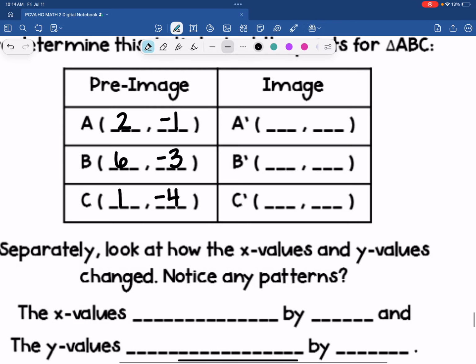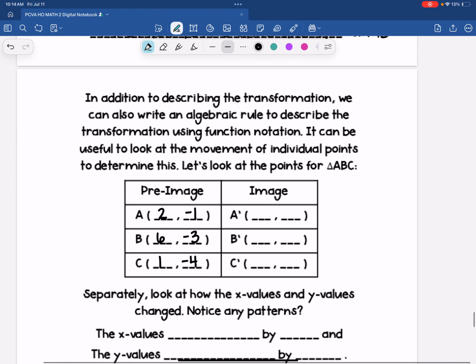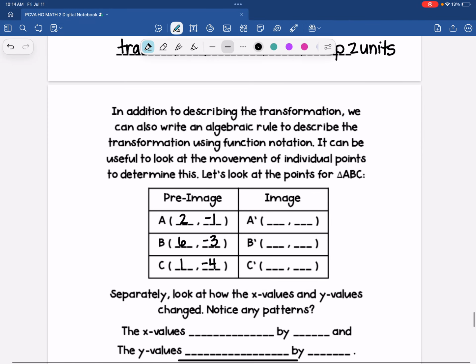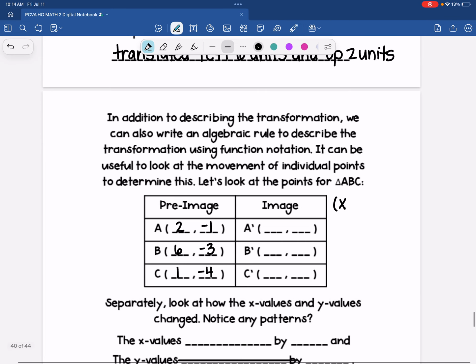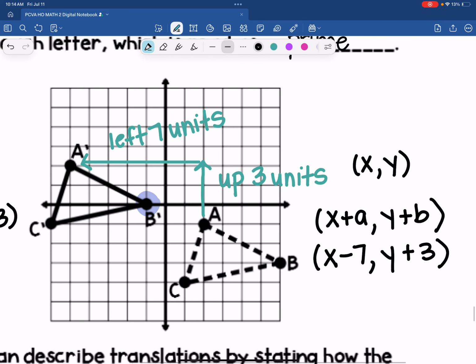So the image points, or the prime points, if we say that we're going to the left 6 and up 2. So remember, we wrote a rule for that, said the X is going to be left. Hold on, did I say 6 or did I say 7? Hold on, let me check one thing just to make sure I'm right, because I could be wrong.